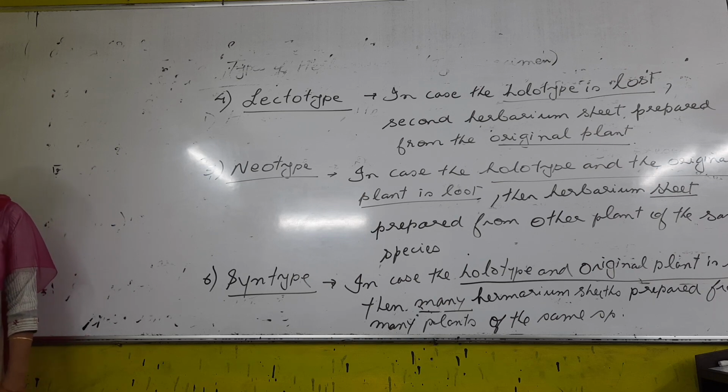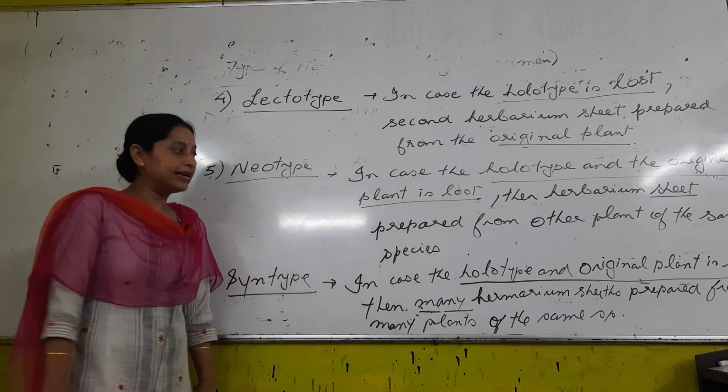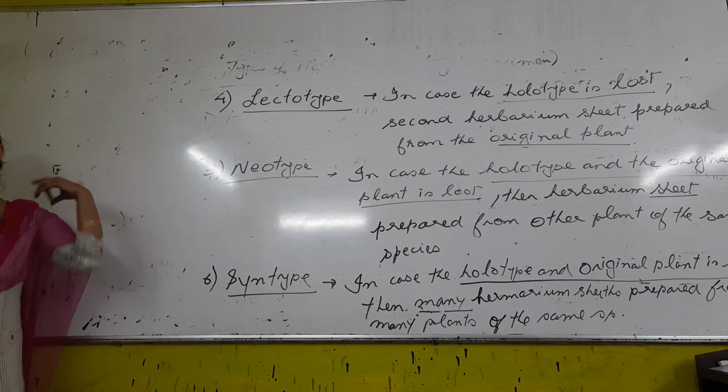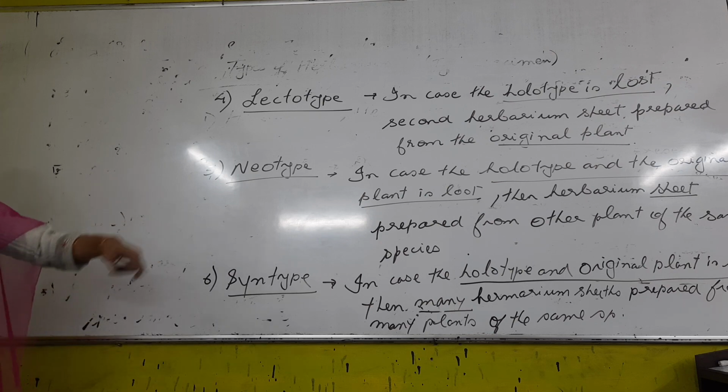Many herbarium sheets prepared from many plants of the same species. One species will obviously have many plants, it's not like this that one species will have just one plant, right? Many herbarium sheets, or you can write many herbaria. There are two words, herbarium and herbaria. Herbaria is plural, herbarium is singular. Kintu singular hole sheets likhisu no, so that makes it plural, right?